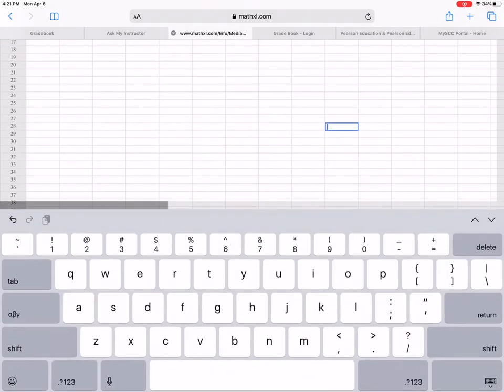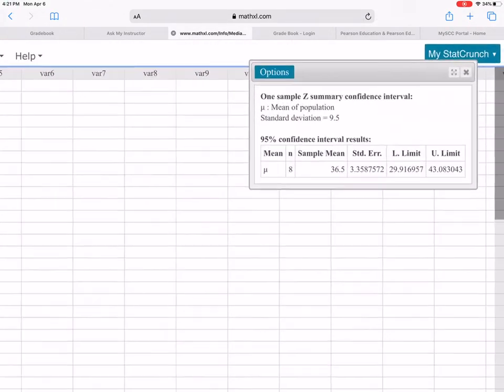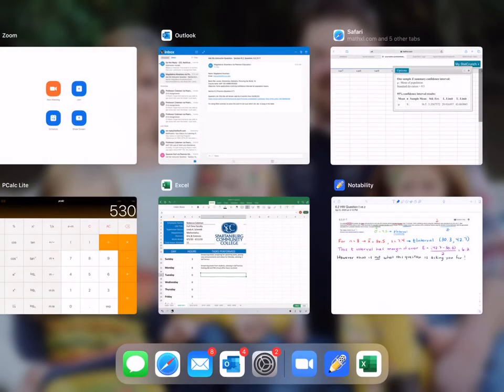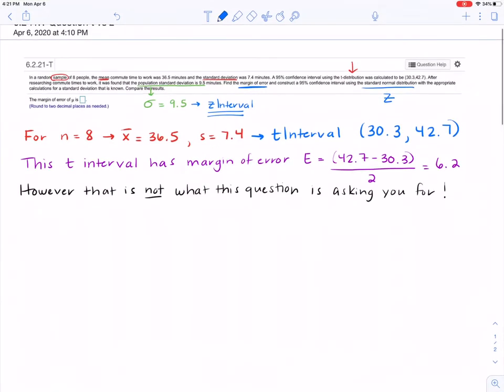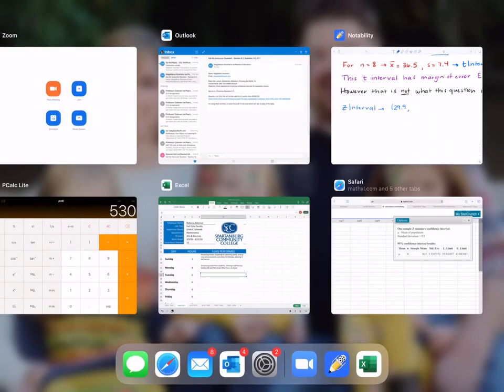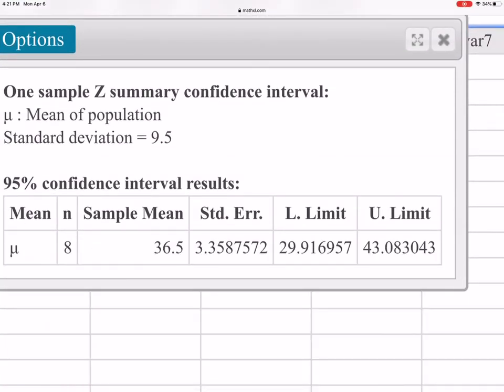And I'm going to hit compute. So this is going to give me a new confidence interval. The lower limit is at 29.9. All right, so again, what I'm doing here is I'm constructing a Z interval using the value of sigma. It's going to run from 29.9 up to the upper limit, which is 43.1.